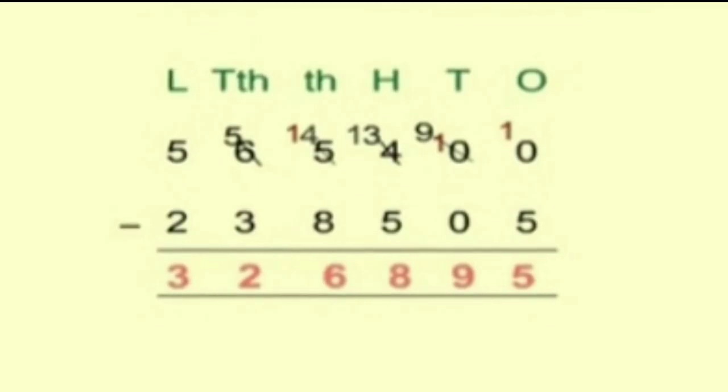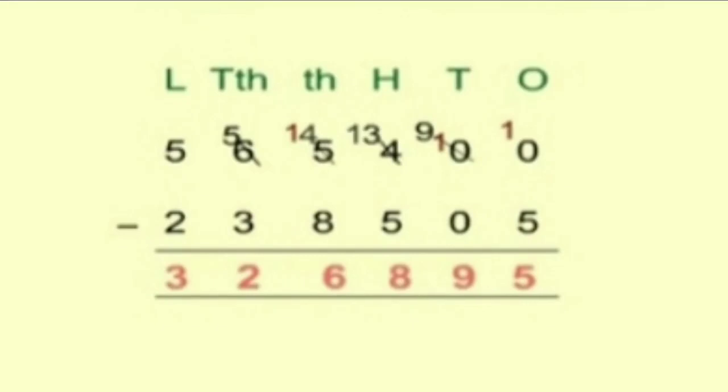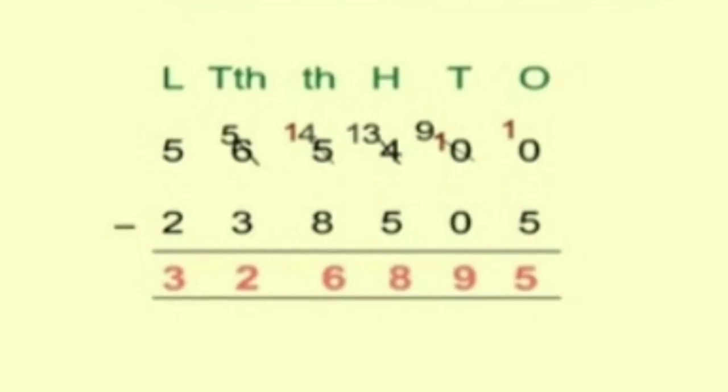Now moving on to the 10,000 column, here 6 has given its one to the nearby 1000 and has become 5. So we can easily subtract 3 from 5. So we just write 2 in the 10,000 column after subtraction. And last, moving on to the lakhs column, we simply subtract 2 from 5 and write 3 here.